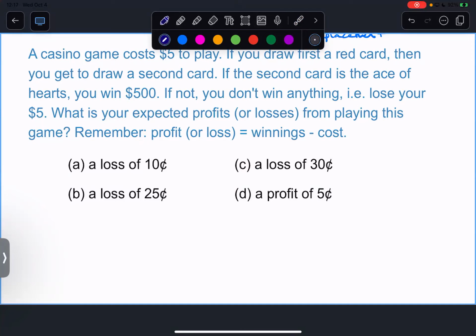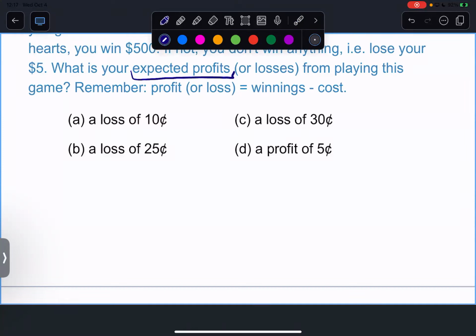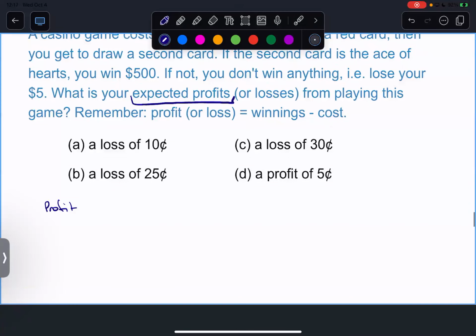So first thing we're going to do is we're going to say, okay, we want to find our expected profits, which means that our outcomes are the profits, right? So I can have a profit of 500 minus $5, right? If I win 500, I have to take away the cost of $5. Let's go with $4.95.